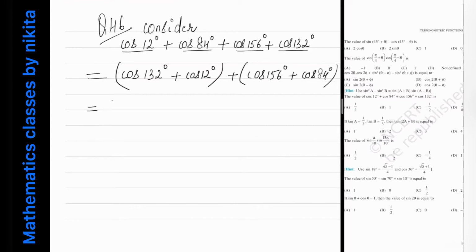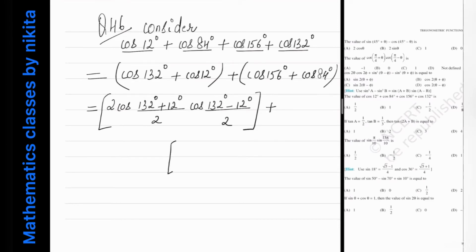So therefore this will become 2 cos of (132 degrees plus 12 degrees) by 2 into cos of (132 minus 12) by 2. Okay, so this is in one bracket, then plus you will have another bracket. So again apply the formula of cos A plus cos B, which is equal to 2 cos of (A plus B) by 2 into cos of (A minus B) by 2.